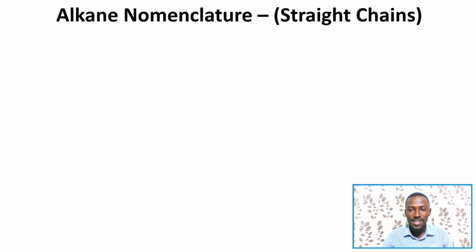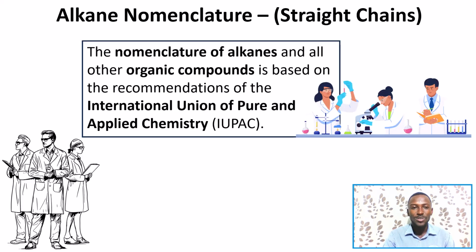So alkane nomenclature is our focus. You see, when a baby is born, mostly the parent or the father decides what the name of the child should be. Is that not so? Yes. Immediately a baby is born, male or female, the parents have already decided on what the name should be. So we also have the parent for organic compounds, so to speak, and that is the IUPAC, the International Union of Pure and Applied Chemistry.